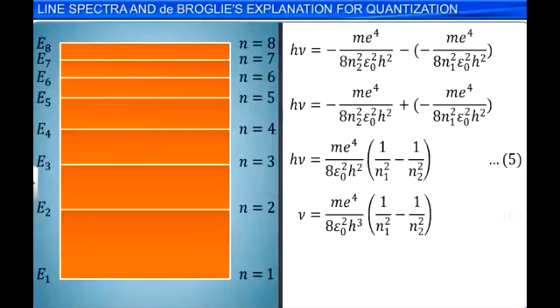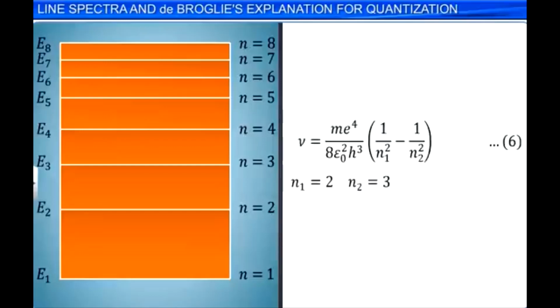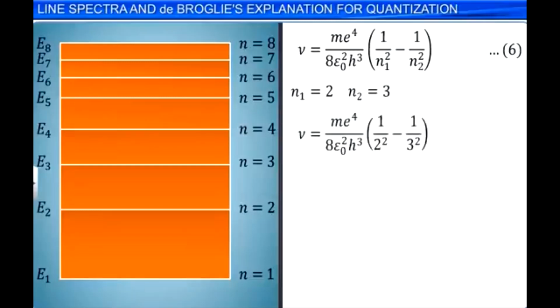Substituting n1 equal to 2 and n2 equal to 3 in equation 6, we get nu is equal to m e to the power 4 by 8 epsilon naught square h cube into 1 by 2 square minus 1 by n square. From equation 6, comparing nu with the empirical formula for Balmer's series that you have learnt earlier, we get nu is equal to Rc into 1 by 2 square minus 1 by n square.